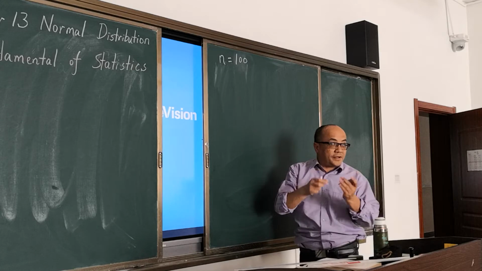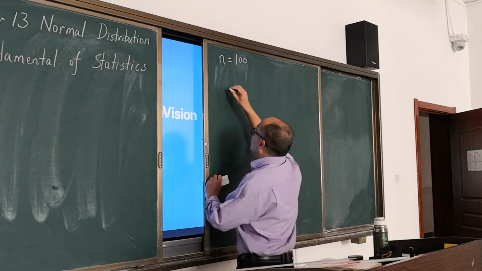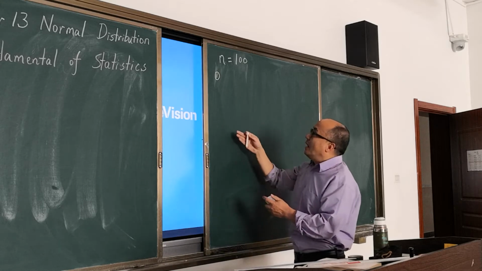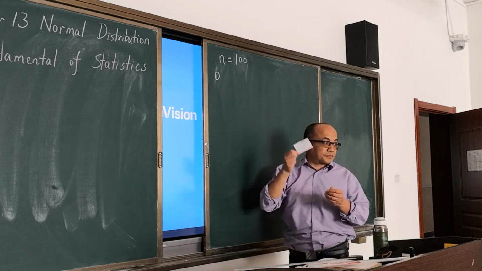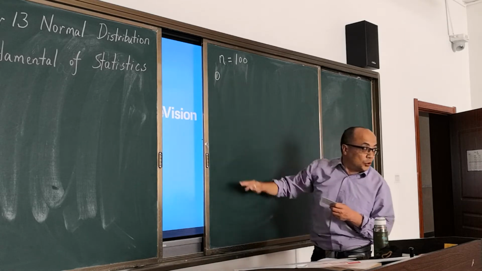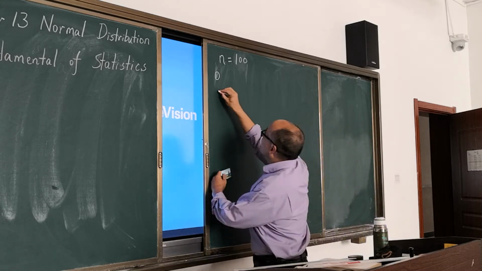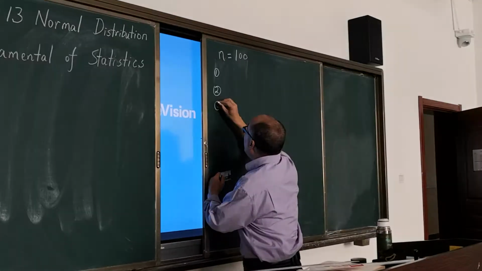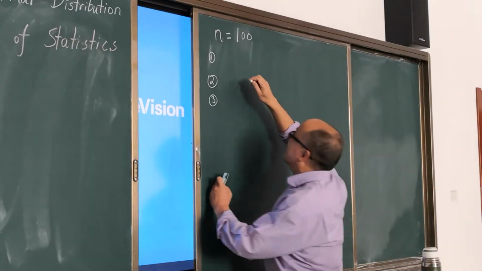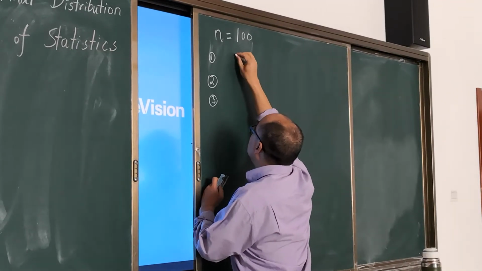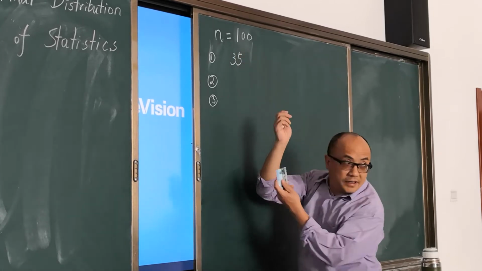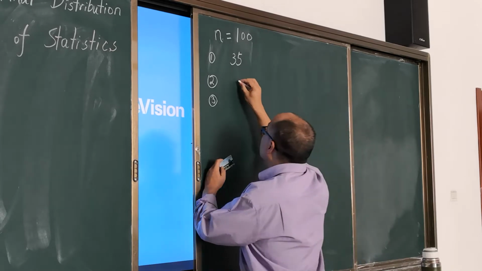And everybody threw a coin, and now I just make some fake numbers. We did 20 times, right? Let's say this time had 35 heads.